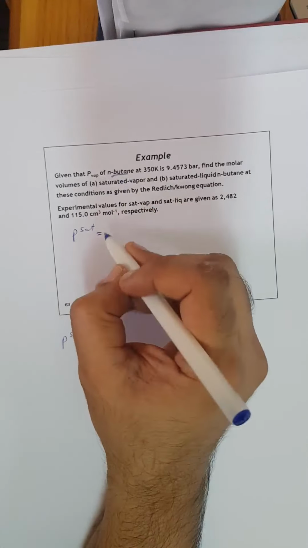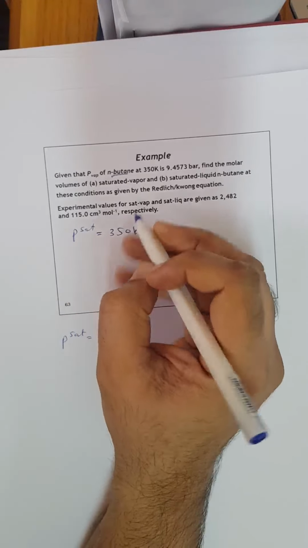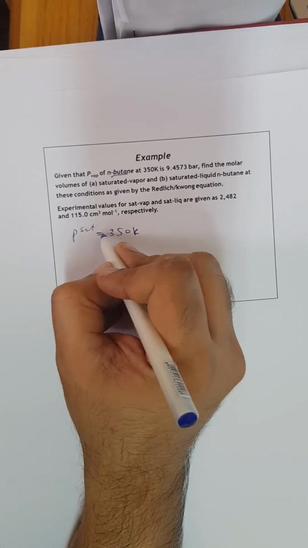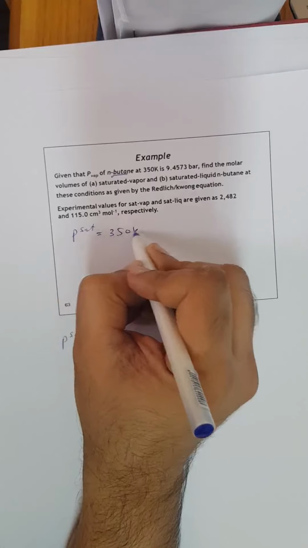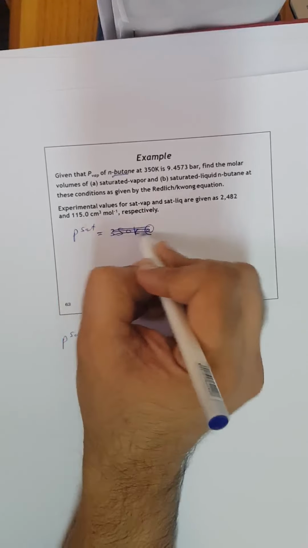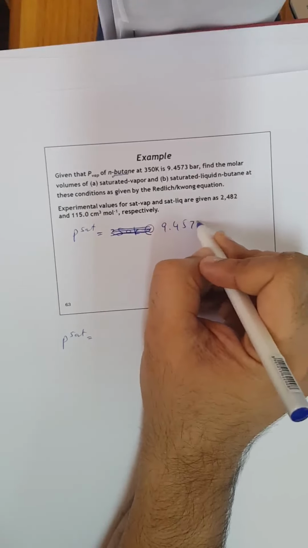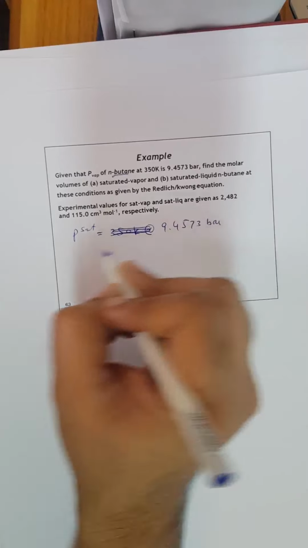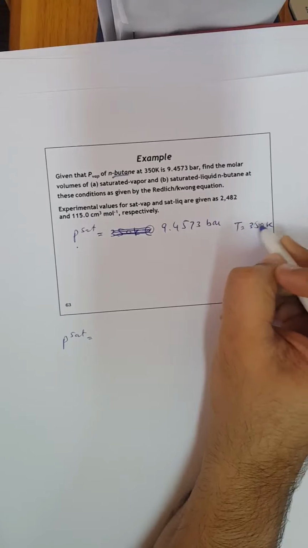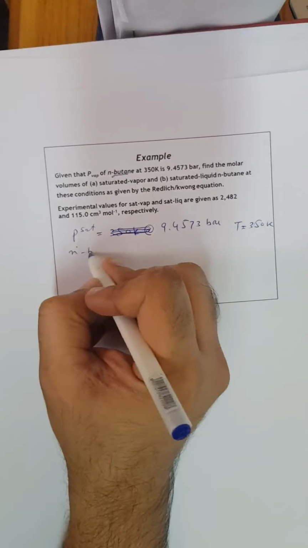So for n-butane, P sat is 9.4573 bar, and the temperature is given as 350 Kelvin.